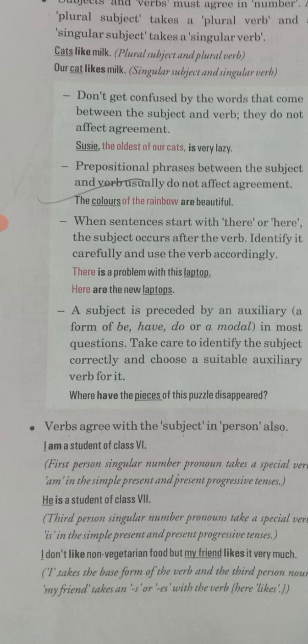Here the verb we have used with it is likes, a singular verb. So in short, if the subject is singular, either in person or number, your verb should also be singular. If the subject is plural, your verb will also be plural.